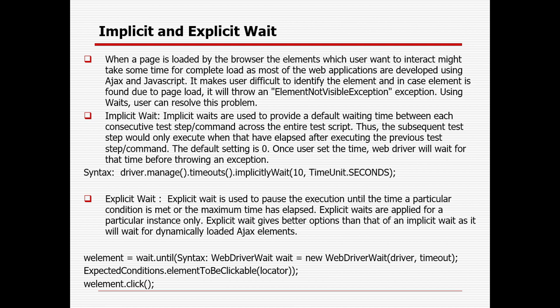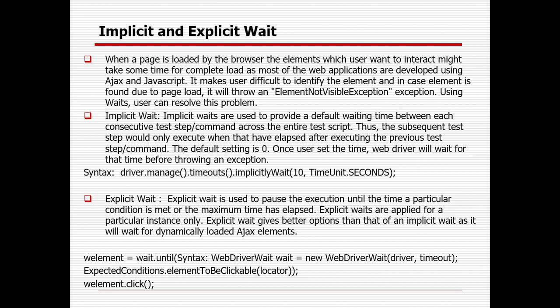One is that kind of wait problem. Another is that the element identified is not correct, or the element locator value got changed. These are the primary reasons where this kind of element error can occur. So using wait, the user can resolve the problem.